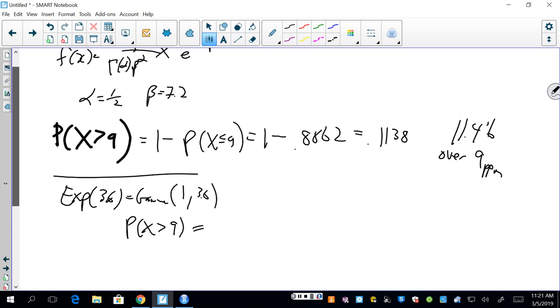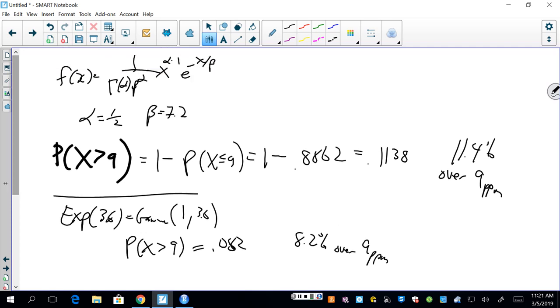Oh, it's right in front of us. It is about 80%. So about 8.2% over 9 parts per million. We could look at one more extreme, right? So yeah, the exponential had less variability in the tails. This particular gamma had more.